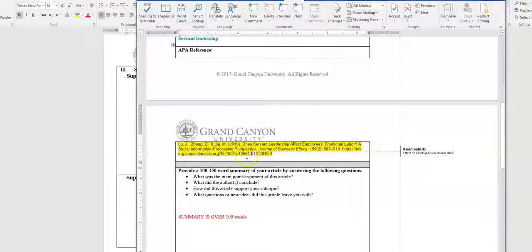You could do it by going to your link that you saved in week 1, or you can do a word search. Hopefully you still have it. You can also do it by this DOI number right here. Okay, you can try and copy and paste that into it to see if it works. Hopefully you have access to it, but you should have the link in your week 1 worksheet from the brainstorming worksheet. Okay, so that's what you're going to do, you're going to go to that article. I'm going to go to that article.